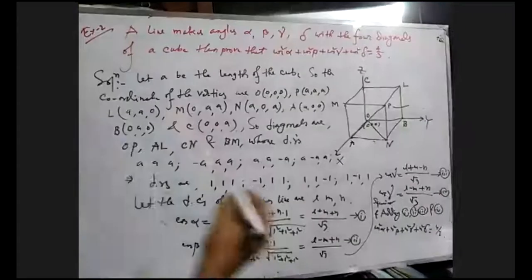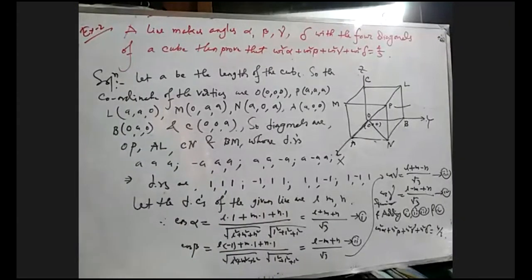This is what was to be proved. If you square and add, you will get the result 4 by 3.